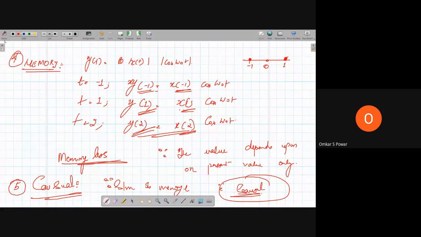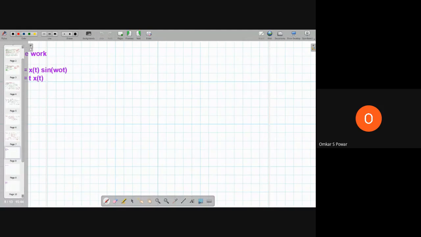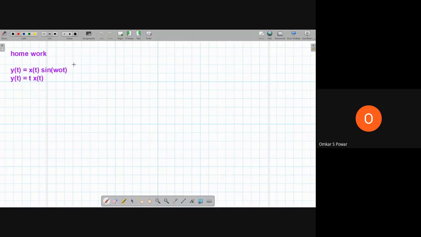Since I have solved this problem, you have to solve more and more problems at home. Take this as your homework: y of t is equal to x of t into sine omega naught of t. It is the same thing as cos omega naught of t, only this is sine omega naught of t. The answer will be the same. Then y of t is equal to t x of t.